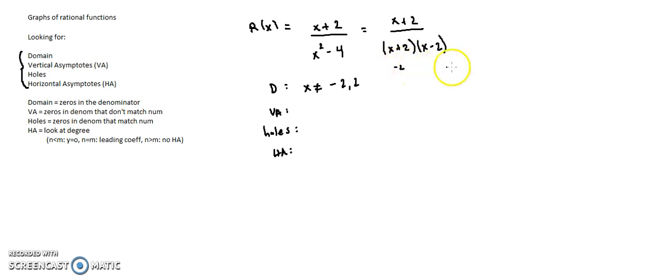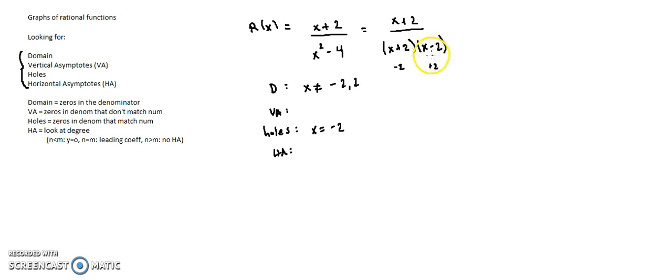Let's put that down below so we remember which is which, because we've got negative 2 and positive 2. So x plus 2 is the factor that it comes from. Does it have a factor that matches in the numerator? Yes, it does. So that factor matches, so that zero is going to give us a hole at negative 2.